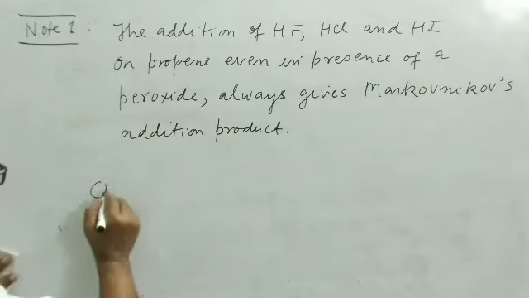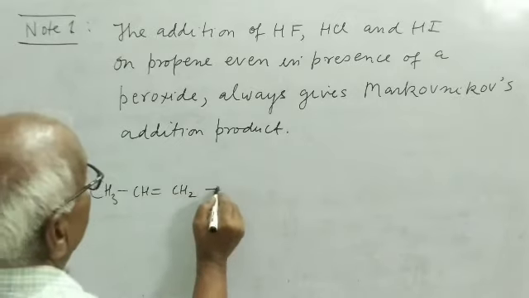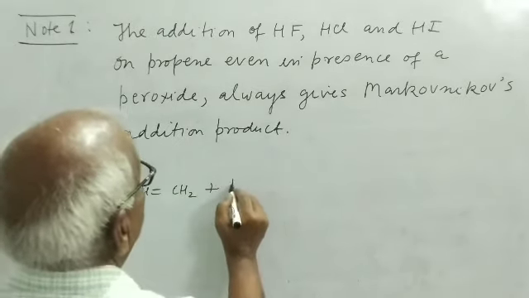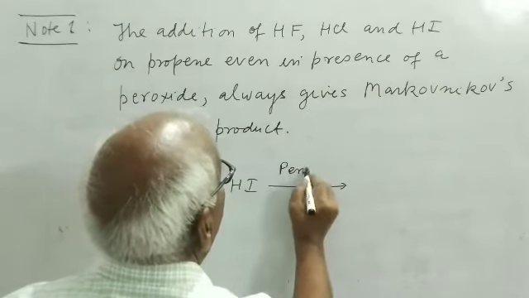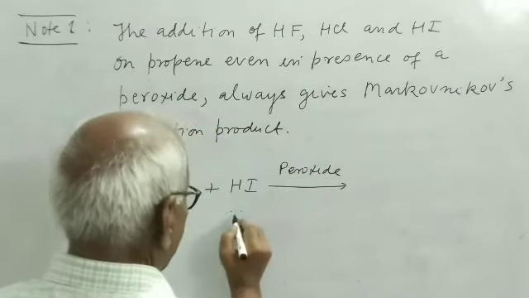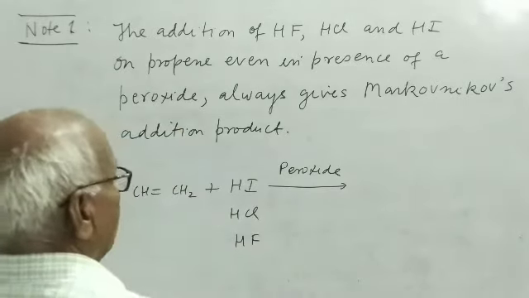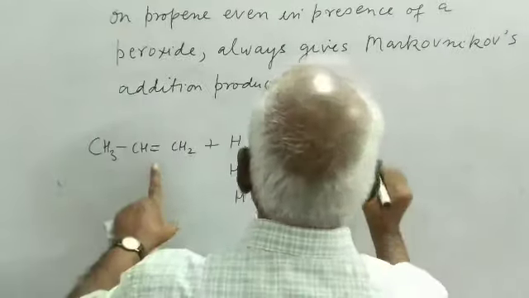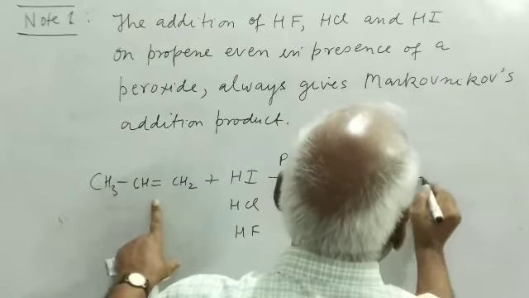So CH3 CH=CH2, if you add HI in presence of peroxide, HI, HCl, HF, whatever it may be, it gives the Markovnikov addition product.